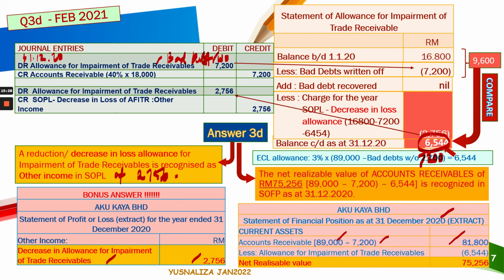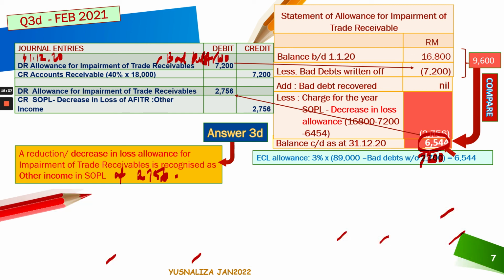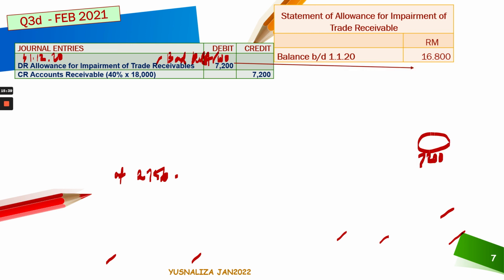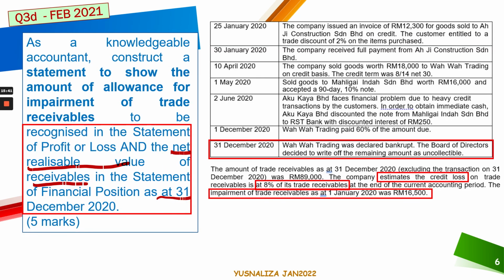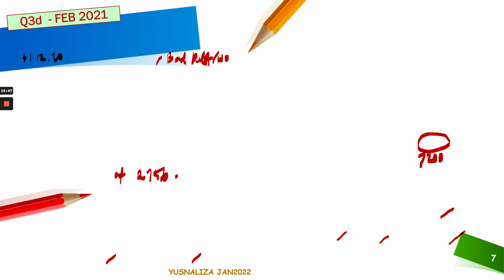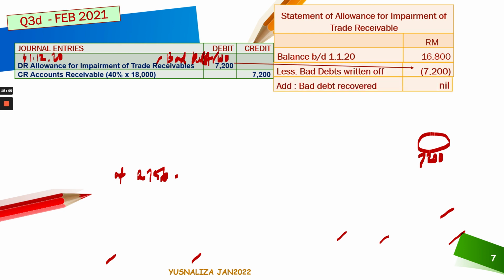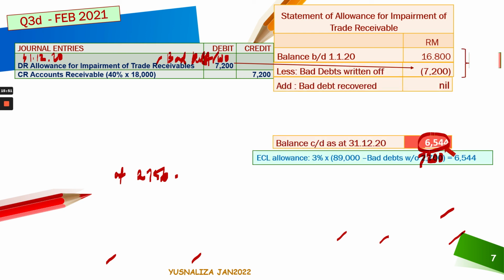You don't have to show the statement unless you are asked to show the movement. But in our case here, if you look at the requirement, the question which is here, you are asked to show that statement on the allowance only, which is the statement of allowance, which is this part. Yes, only up till here.